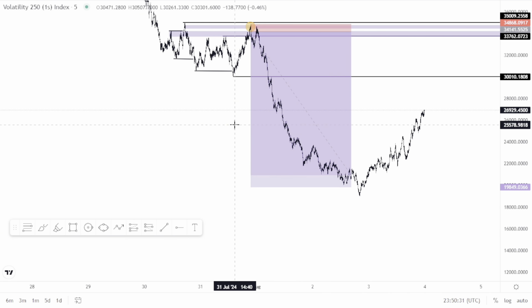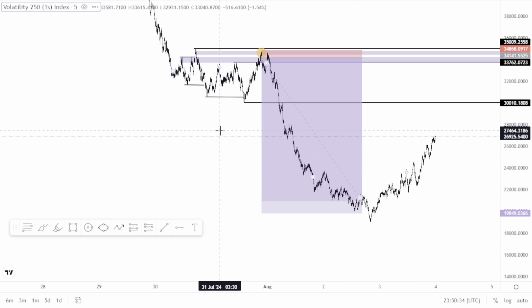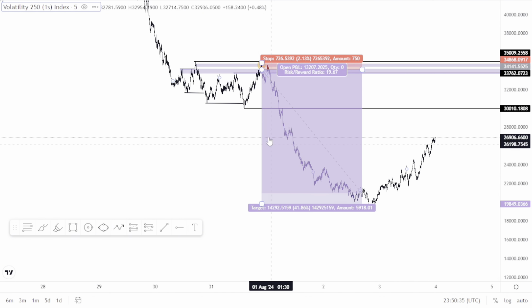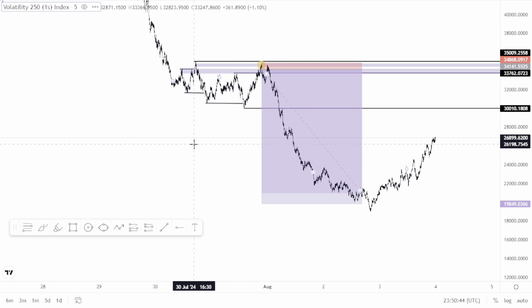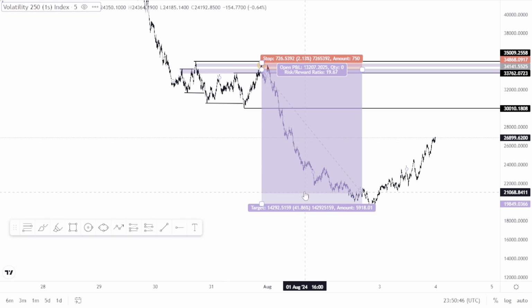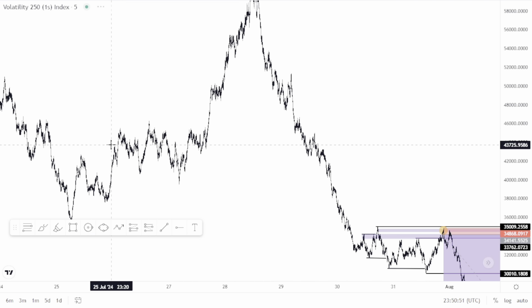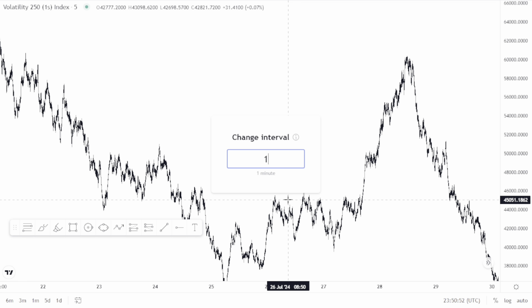Check how much you have been making. You're risking about $7 if you are using 0.1 lot, or risking $70, to make $1,400. Are you seeing that? That's actually massive. With that aside, let's look at another example.